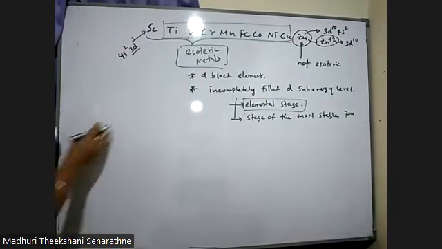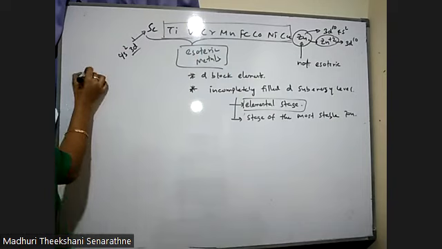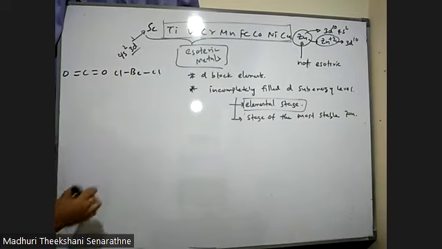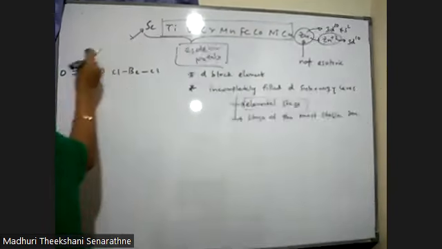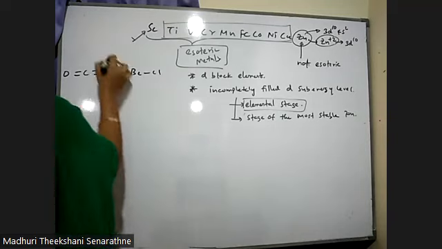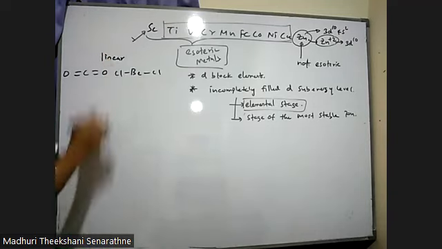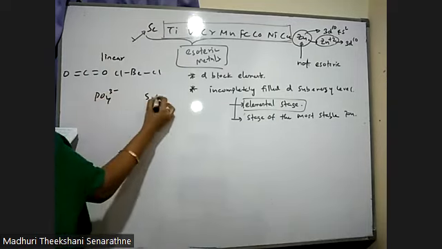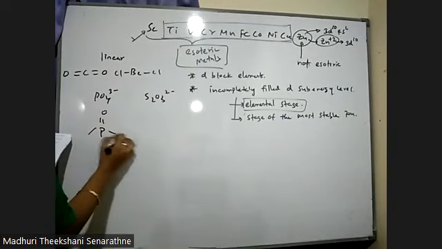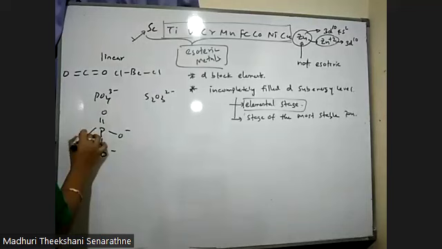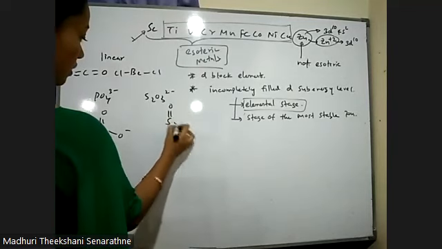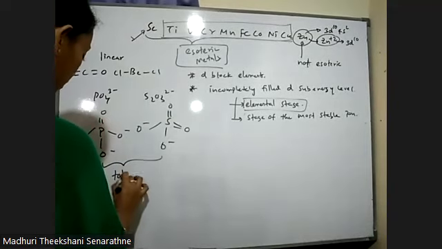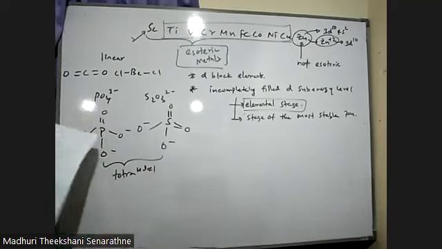Number 9. In number 9, you have to choose the pair with different shapes. Can you draw the structures easily? CO2 and BeCl2: both have a linear shape. PO4 3 minus and S2O3 2 minus: both are tetrahedral.